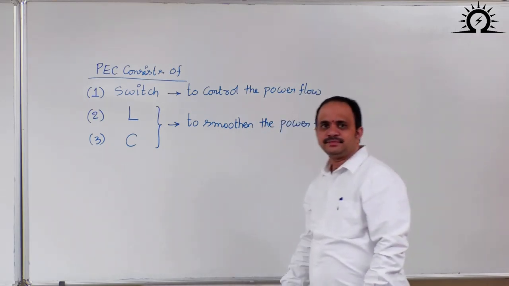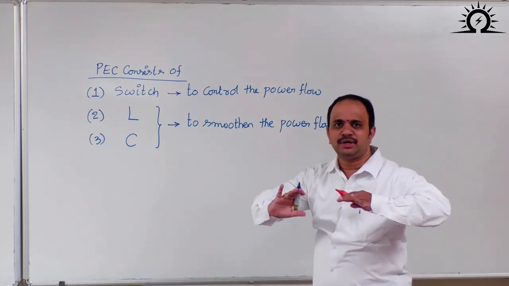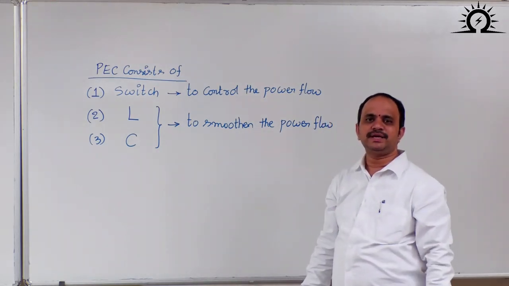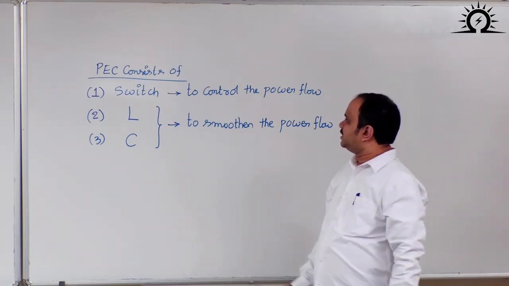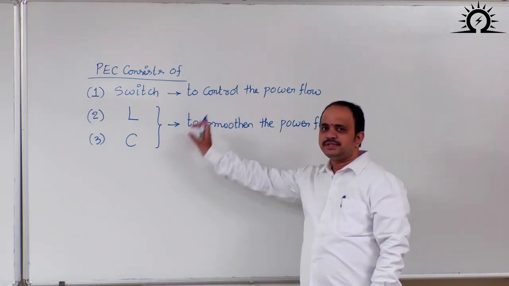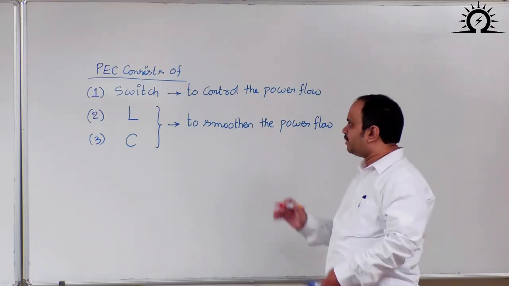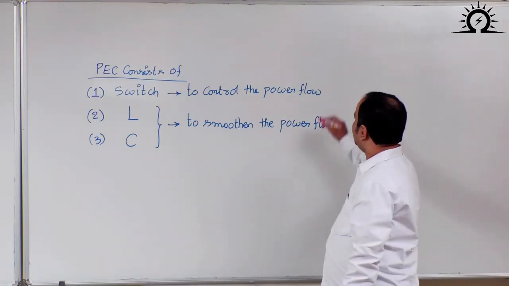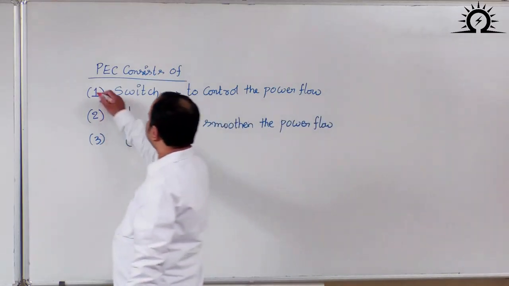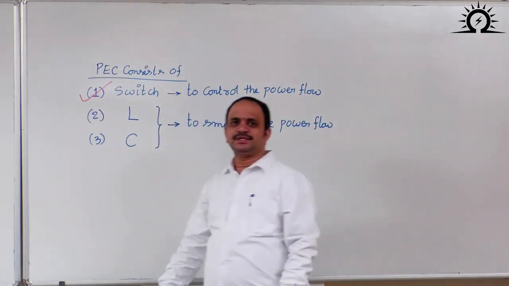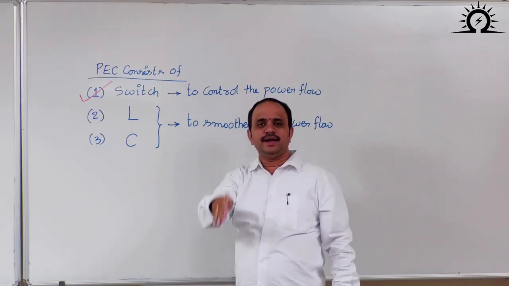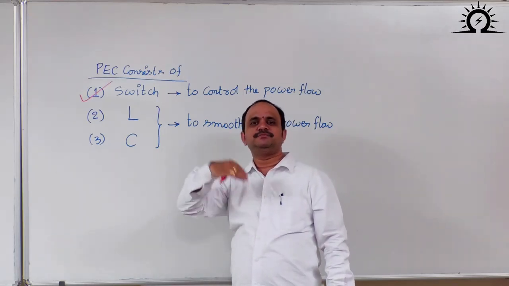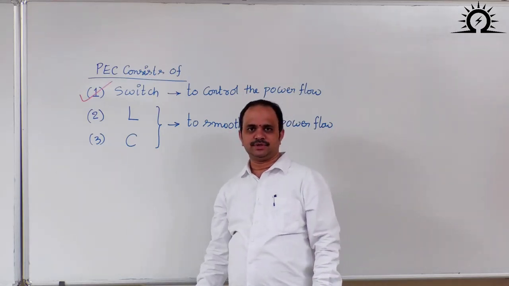Before directly jumping into power electronic converter analysis, it is good to understand the basic properties of these components. So by keeping that point in mind, first let us start discussing the basic properties of the switch in ideal condition as well as practical conditions.